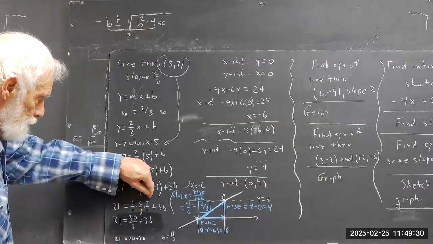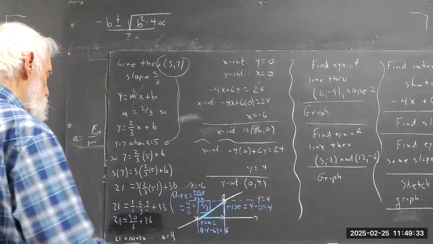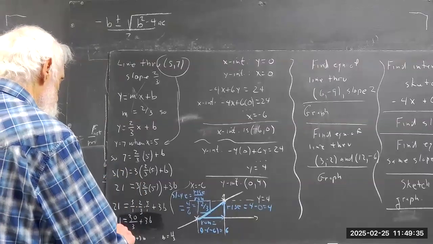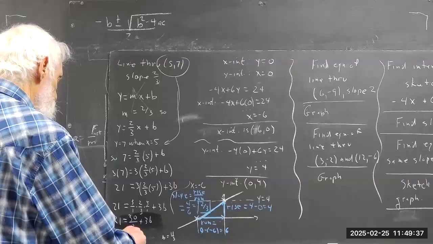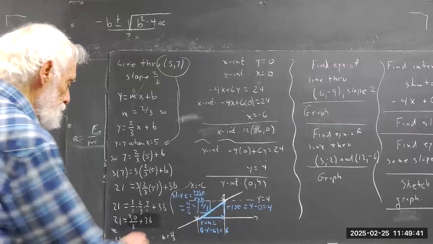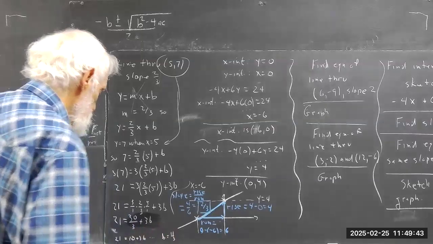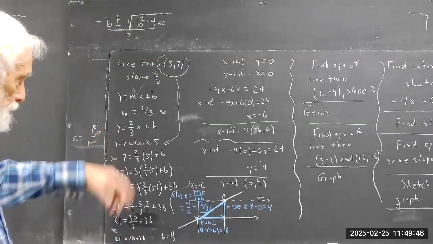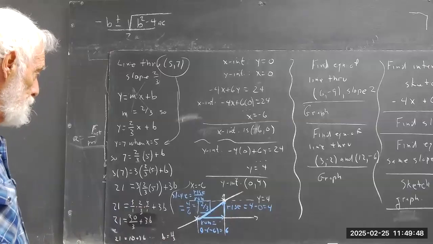At 21, these multiply out to 30, these multiply out to 3. You get 21 equals 10 plus 3b, and the rest of the solution is very simple. You subtract 10 from both sides, you get 11 equals 3b, you get b equals 11/3.